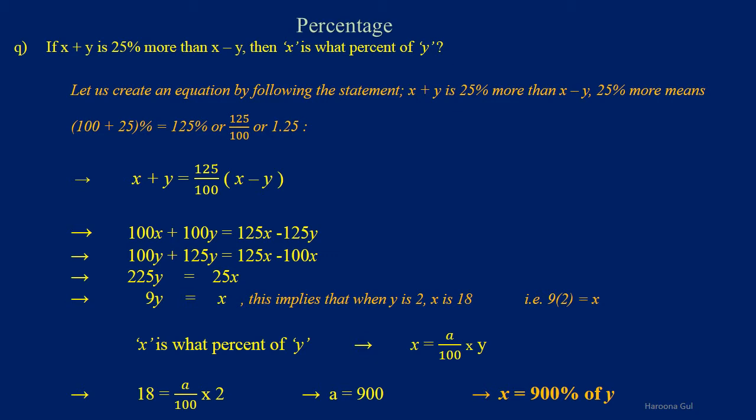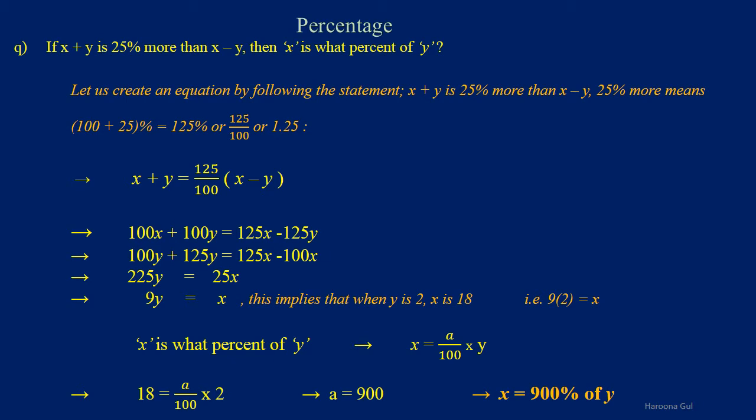As I have already told you, you can write it in decimal form as well, whichever way you like, because after you simplify this question, you're going to get the same answer both ways, right? So our answer would be x is equal to 9y. And x is equal to 9y means that x is 900% of y.